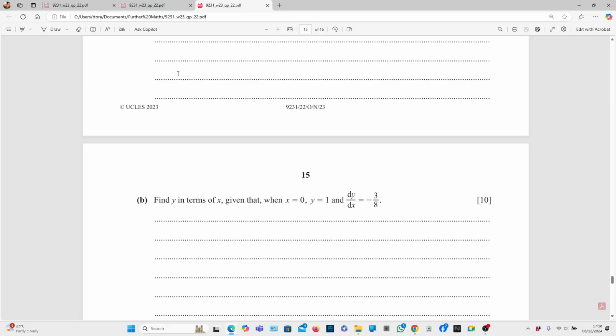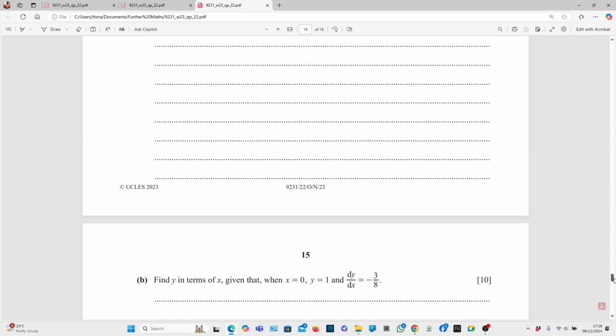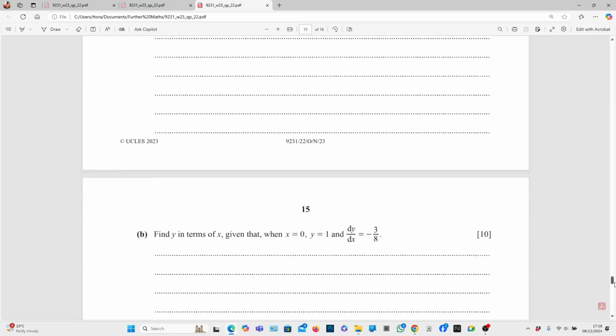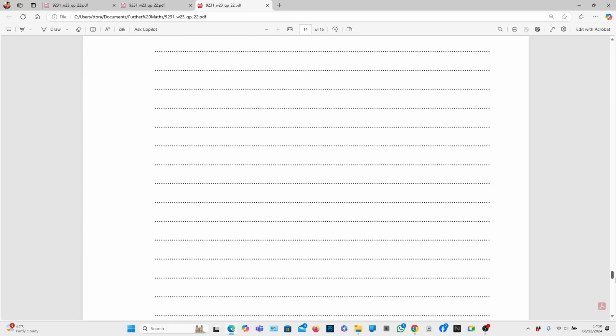The general solution is made of the complementary function plus the particular integral. If you do this, you substitute those values in and you should be able to solve for a. Then you can also substitute those original values into dy by dx here.